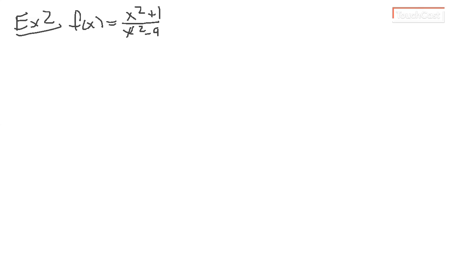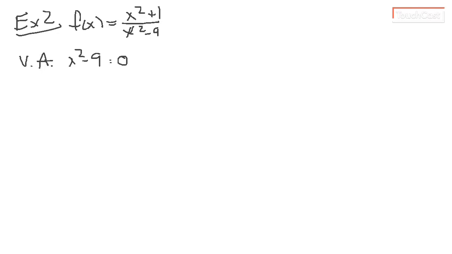So first, to find our vertical asymptotes, we need to find out what values set our denominator equal to 0. So if we take x squared minus 9 and set that equal to 0, what x values make that happen? Well, there's two ways you can do it.